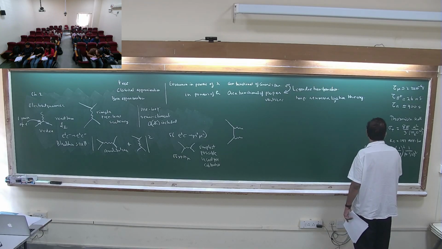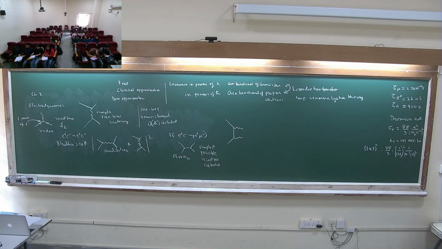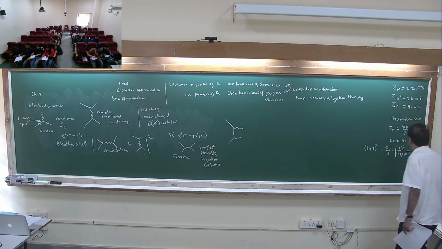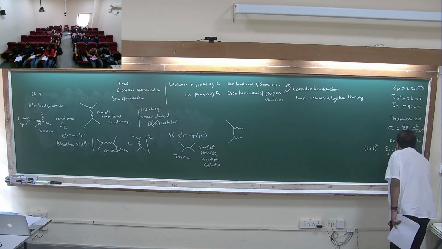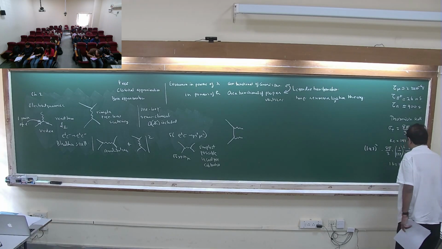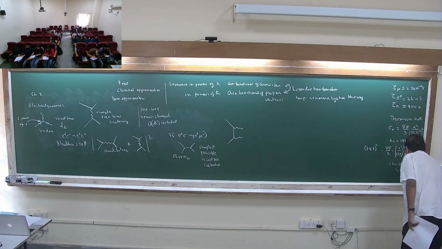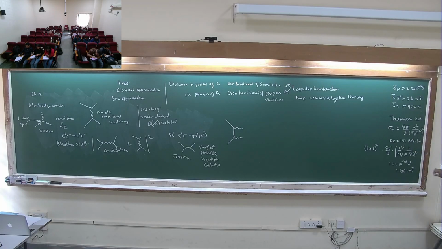That will give me femtometer squared, right? And how do we convert that into barns? One barn is 10 to the minus 28 meters squared, so this is equal to 100 femtometer squared. Now, I'm just giving these numbers, I'm not sure, please check. Let me know what this is.